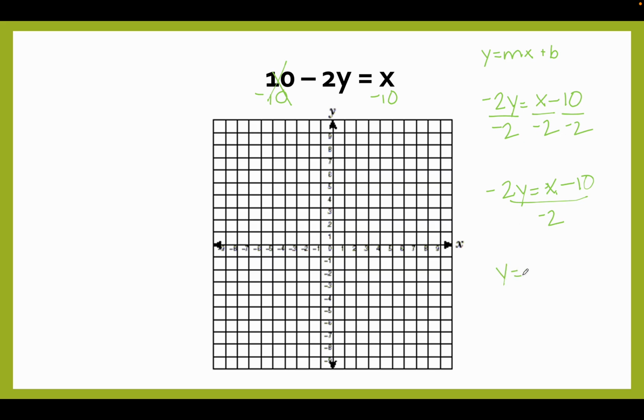So we end up with y equals, remember there's a 1 in front of the x, a slope of -1/2 x, and then -10 divided by -2 is +5, meaning our y-intercept is 5. Our slope is -1/2, so we go down 1 and to the right 2, and we have our line like that.